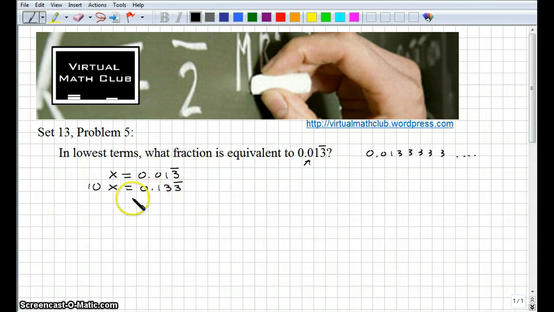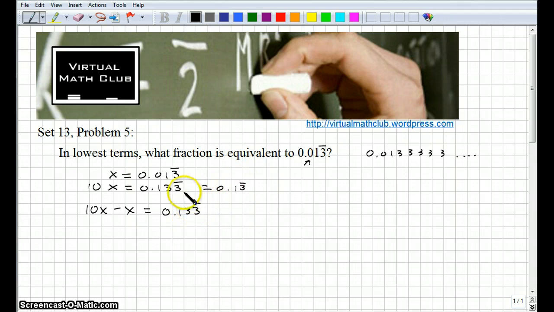So what we need to do to solve this is take 10x minus x, that would be equal to 0.13 with a 3 repeating. Now, I could write that as 0.13 like this.